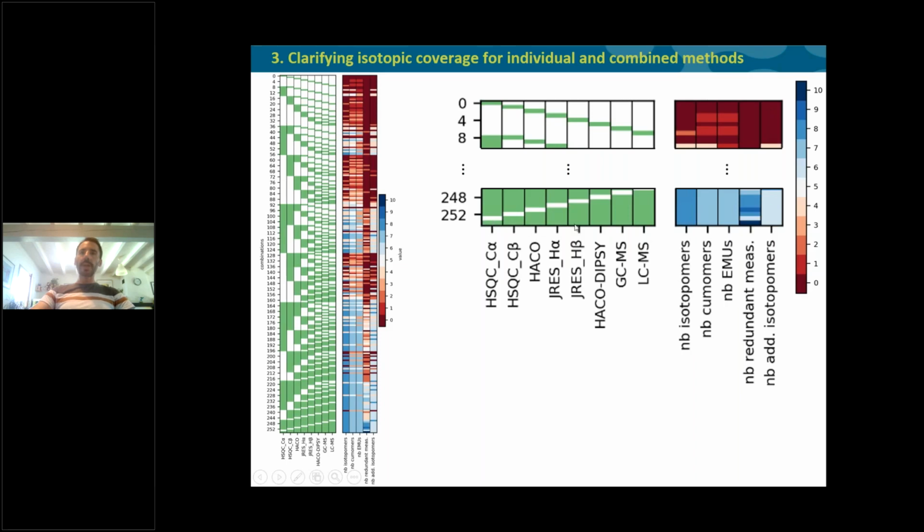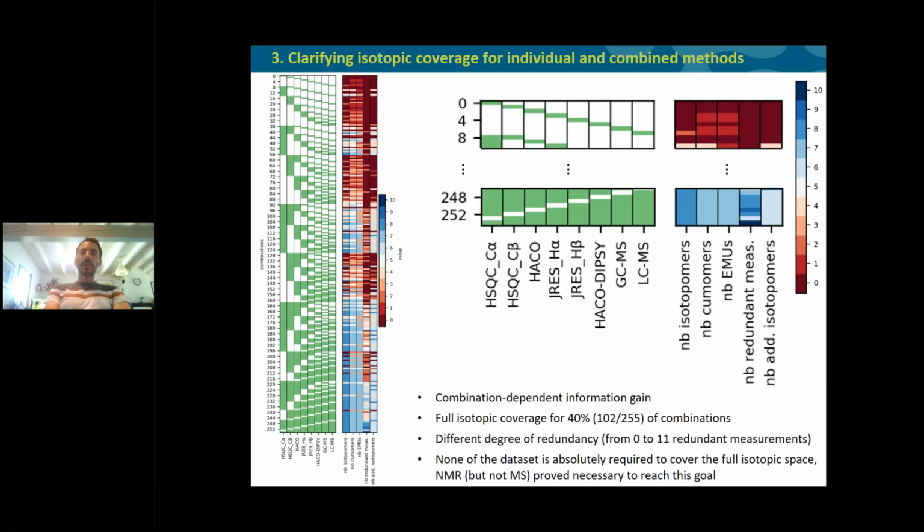But when we combine all the data sets together, we have up to 10 redundant measurements and up to 6 isotopic species that can be measured only when the data sets are combined. So out of this analysis, we saw that the gain of information is dependent on the combination we used.